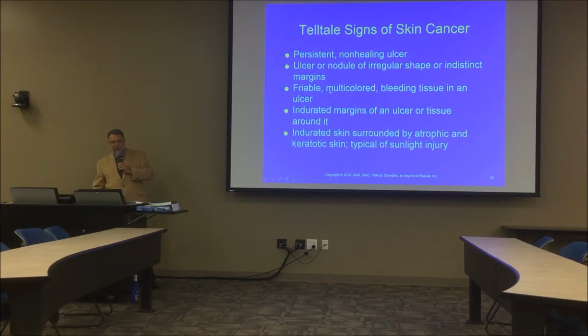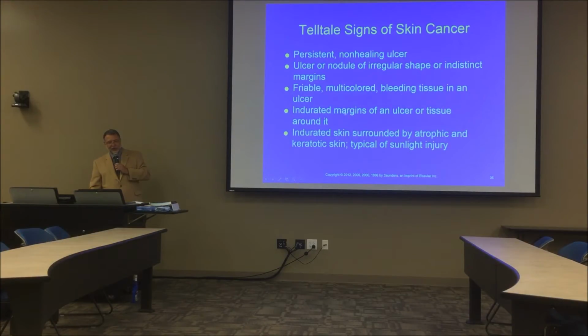It's friable, so it can bleed easily. It also has several colors, from very red to a little bit of pink to black or bluish green. Think about multicolored as more of a skin cancer. Again, friable means it bleeds easily.